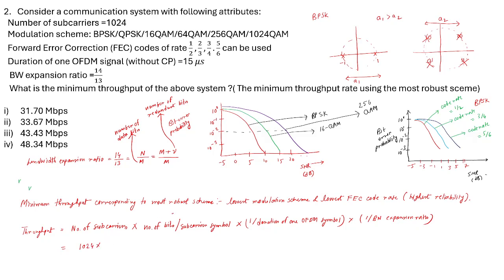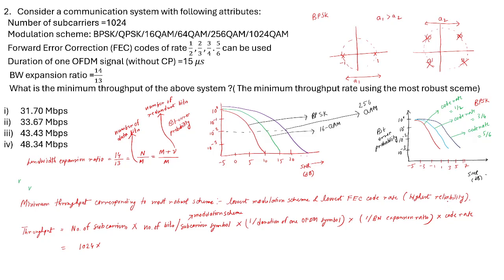Here we are taking the product of 1024 subcarriers, number of bits for BPSK, which corresponds to your modulation scheme. Oh, I forgot to introduce the code rate myself. Sorry about that. Code rate is introduced to take into account the amount of redundant information, or you see it from another perspective: code rate is introduced to find the fraction of original data in whatever you are transmitting.